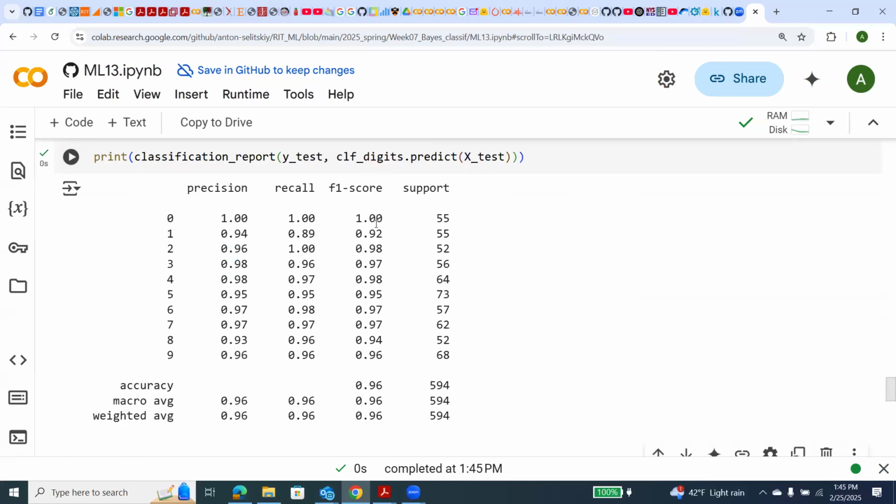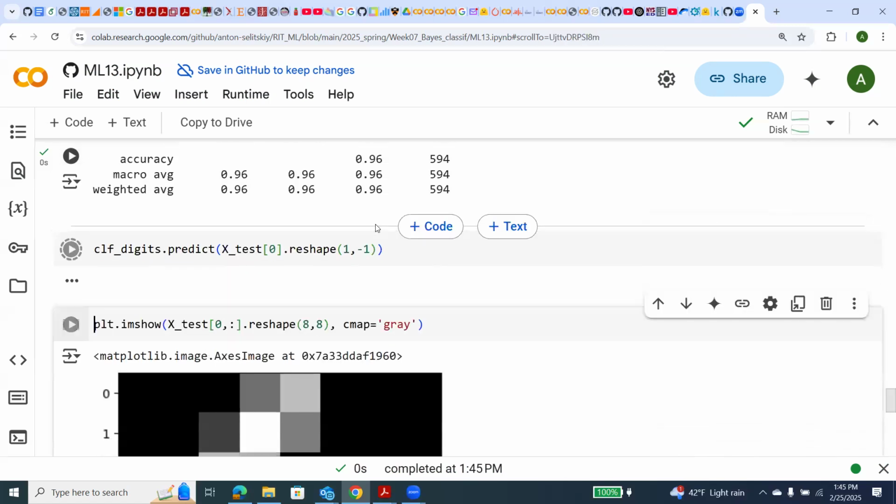And you remember we said today that macro accuracy is better, but our classes are pretty balanced, so you can use just accuracy, and the accuracy is 96%. So I think it's comparable with human accuracy for digit recognition, because we can fall asleep and classify incorrectly or something else.